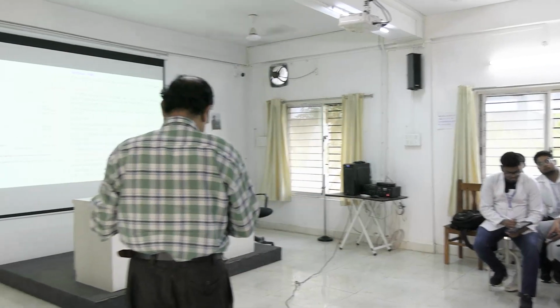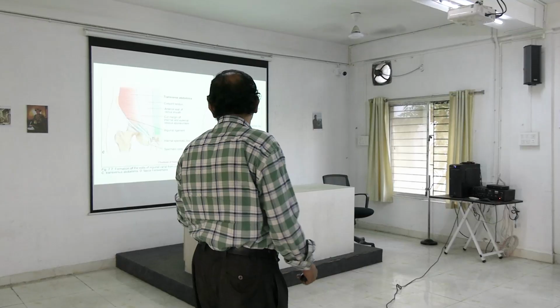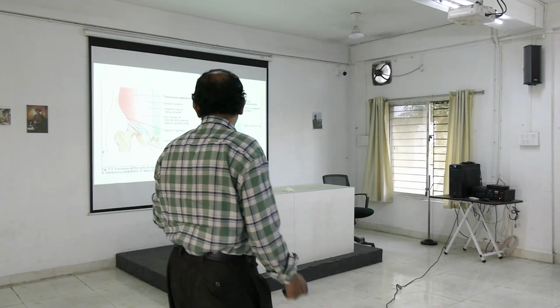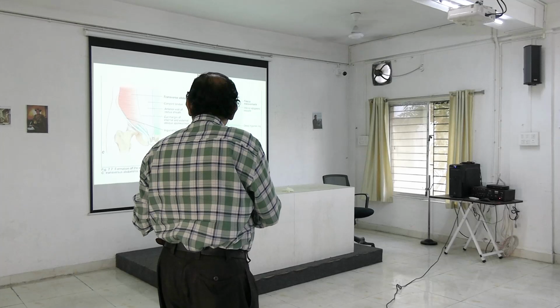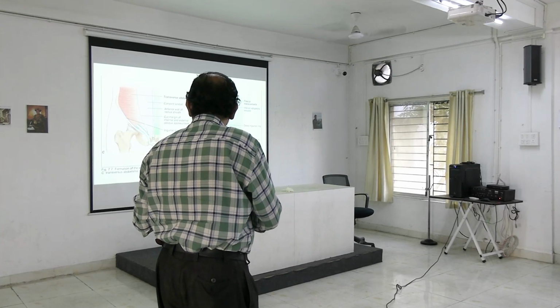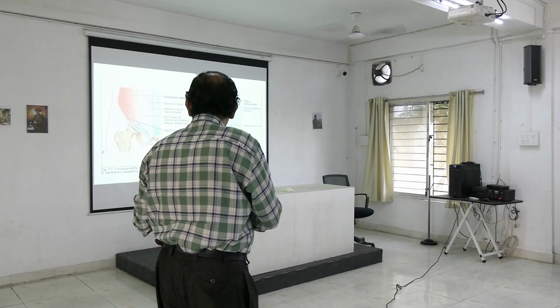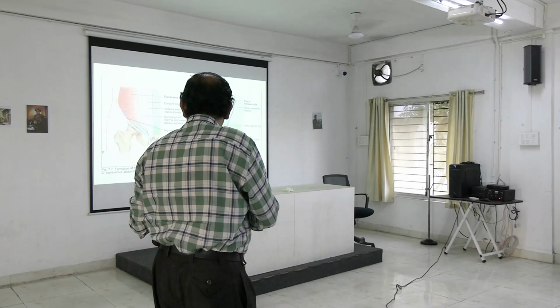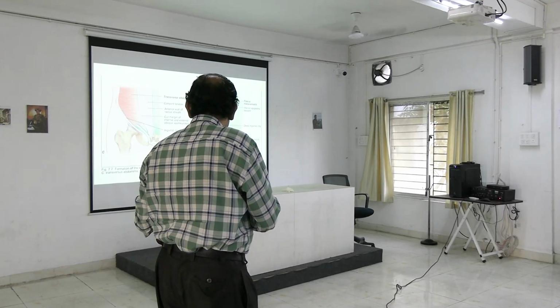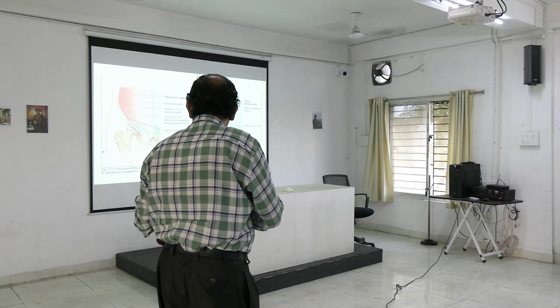So we can get the spermatic cord here. We are getting the transversus abdominis, and we can see the inferior epigastric artery, this red one, clearly.